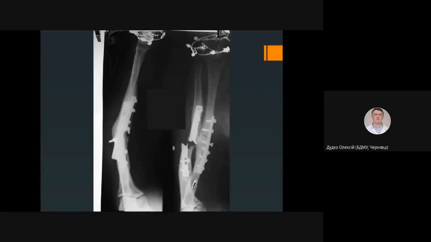So if you see, this is the radius bone, and this is the ulnar bone. Another thing that we can see is some gap here. So we have perhaps a fracture of the ulnar bone at the junction of the middle third and proximal third. It is displaced.